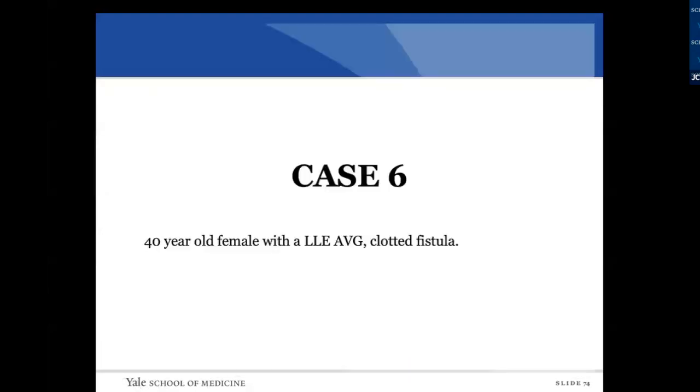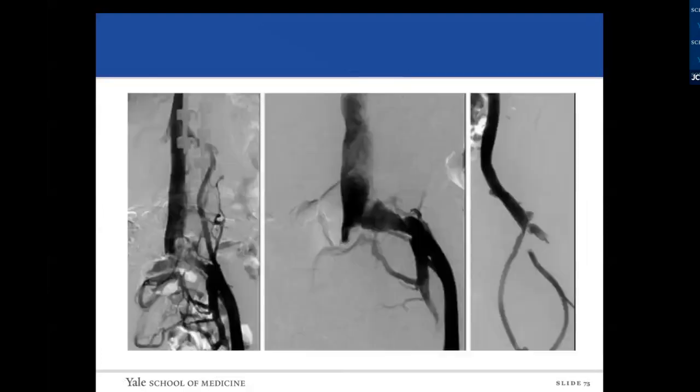So this is a 40-year-old female with a left lower extremity AV graft and a clotted graft. And this was very interesting because when they placed the graft, they actually didn't know that the patient had May-Turner syndrome. So it's a combination of a graft and May-Turner's.